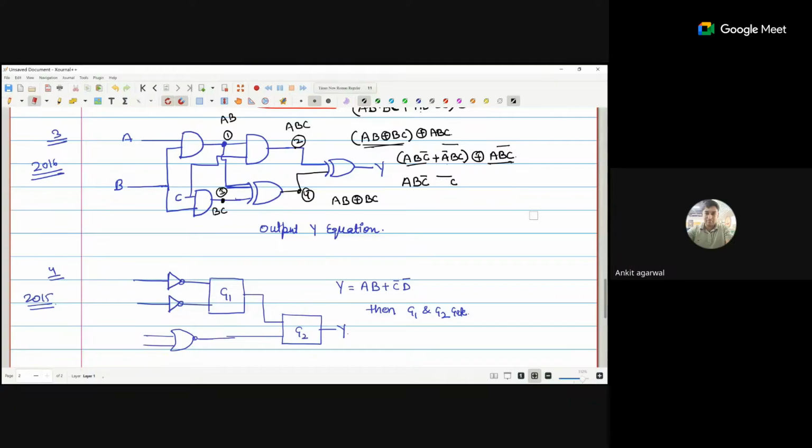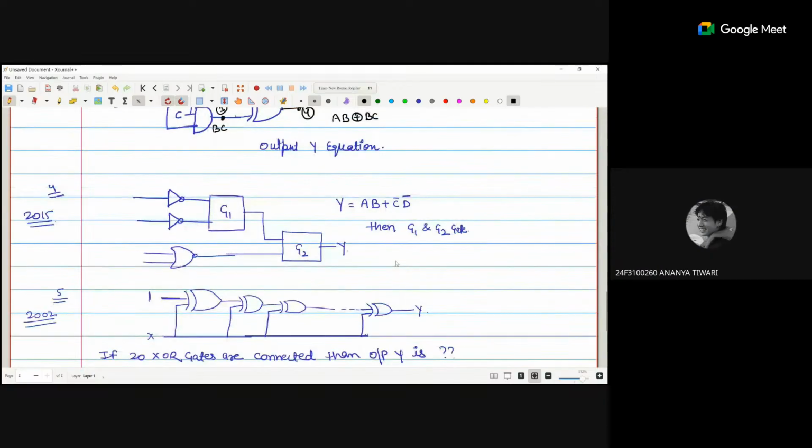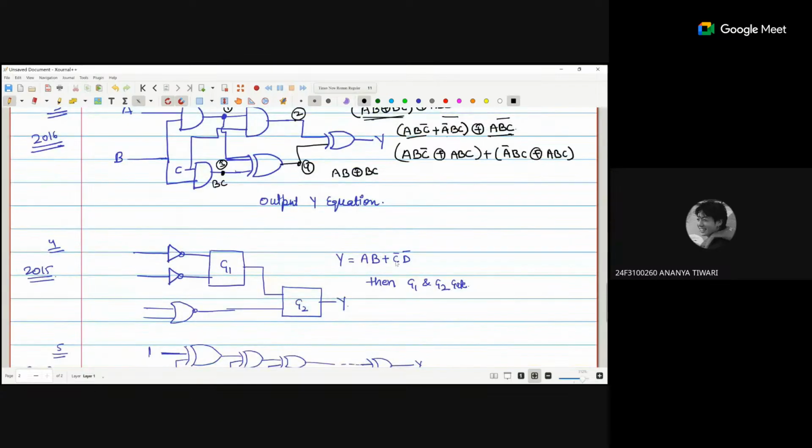So ABC bar XOR with ABC, plus A bar BC XOR with ABC. Okay, so you can solve that one. I have sent my solution in chat also.